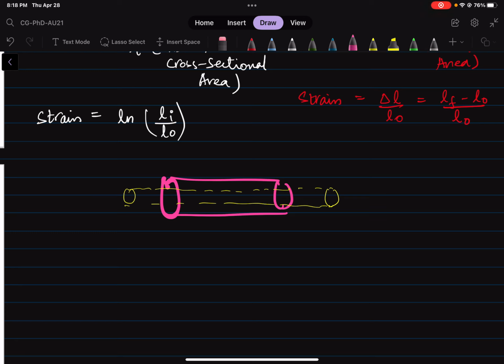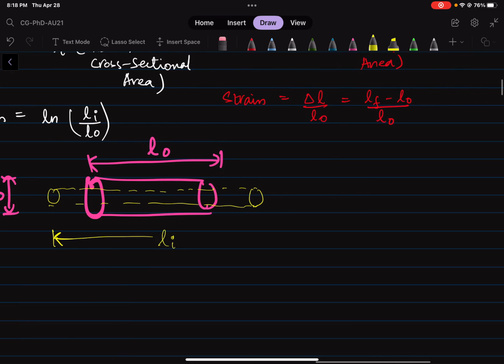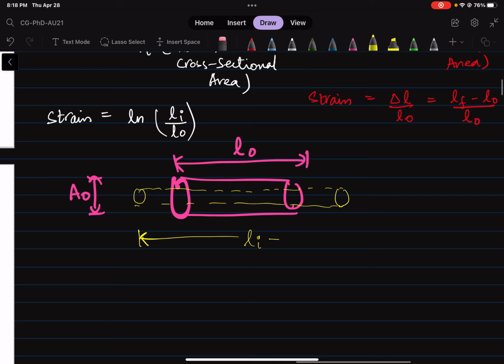So this initial length over here in the pink color is L naught, and the initial cross-sectional area, which is over this, is A naught. In the yellow color is the final length, which can be given as Li, or the instantaneous. The instant when you're doing the measurement, that is what we're talking about.